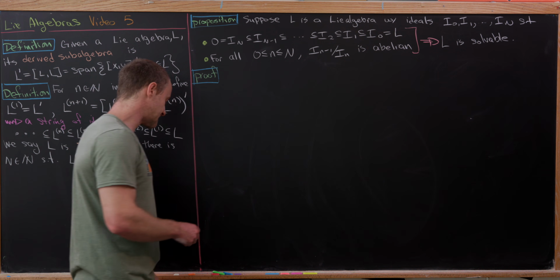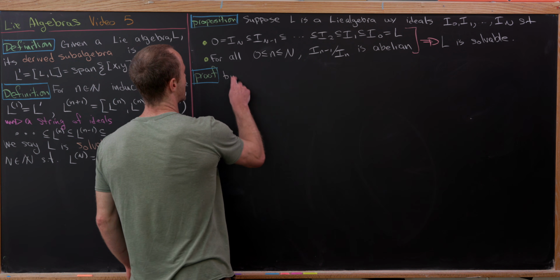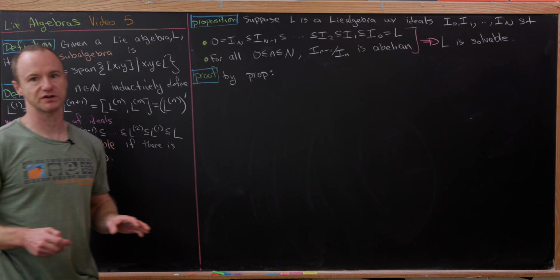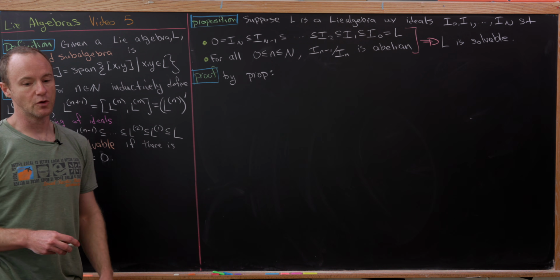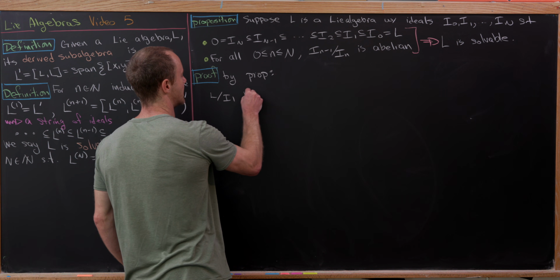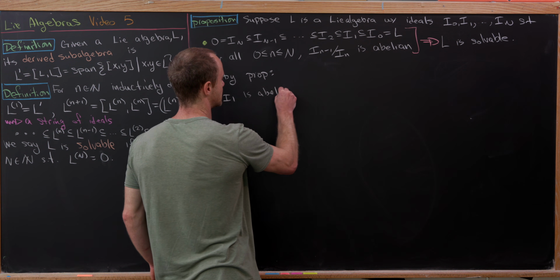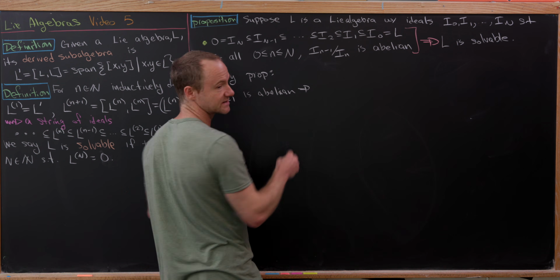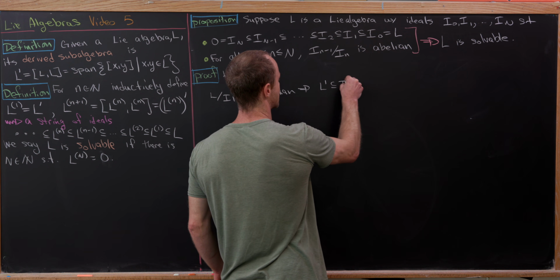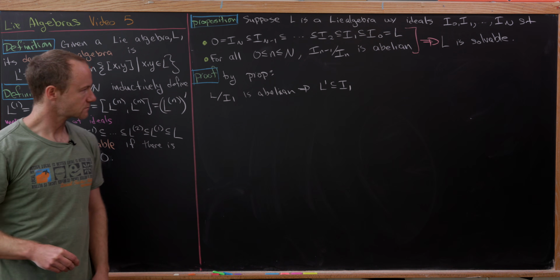Okay, so let's see how this will go. By our previous proposition, the only proposition that we've proved so far today, we know the following. If L mod I_1 is abelian, then L prime is a subset of I_1.